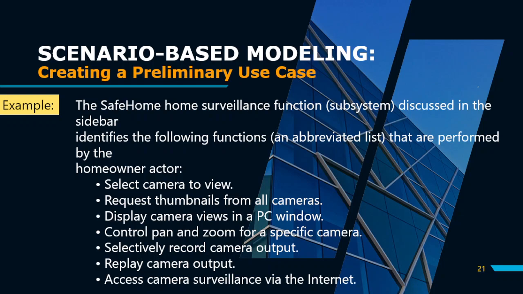Display camera view in a PC window, so you can select the camera view and zoom in and zoom out of a particular camera. Selectively record camera output, replay the camera output, that means replay the already recorded camera output, and access camera surveillance via the internet. These are a few functions that can be performed by the homeowner actor.